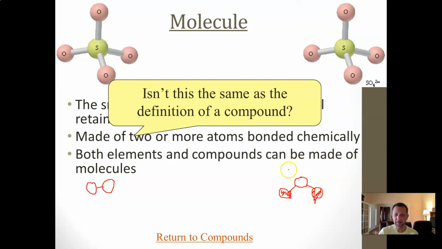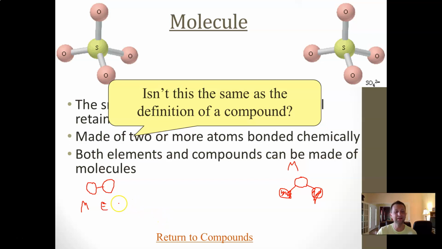So this is a molecule because it's two or more atoms bonded chemically. Fine. This is oxygen, right? This is also a molecule because it's two or more atoms bonded chemically. But let's go a little bit further. They're both molecules. But here, with two oxygens, that's a molecular compound, or I'm sorry, molecular element.